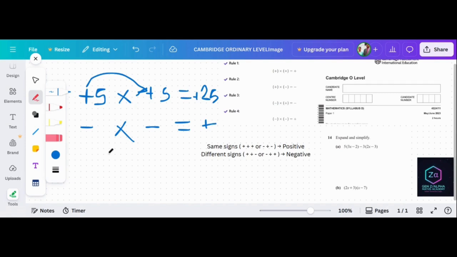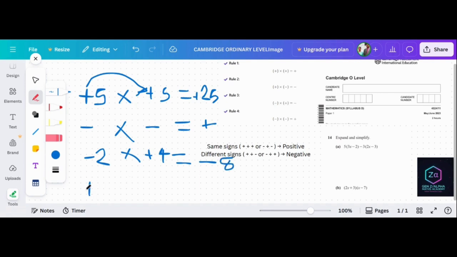Very simple. Let's say minus 2 is multiplying with positive 4. What is the output? A minus sign into a positive means the output is always negative. 2 into 4 is 8, so minus 8.